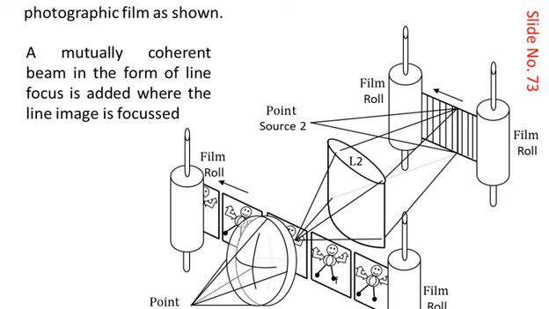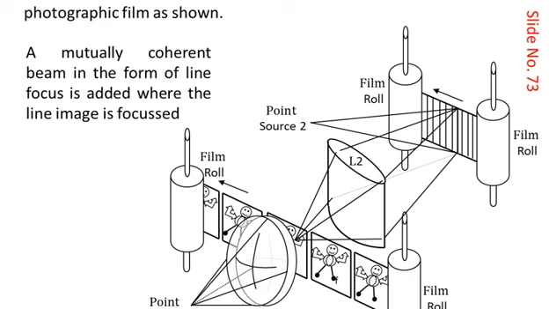Notice that there is another point source 2 which generates spherically diverging beams, and we also place a slit over here which we have not shown in the setup. That slit is arranged in such a way that a vertical reference beam is projected onto the film roll at the same position where the line object beam of the negative transparencies generated by L2 is focused.